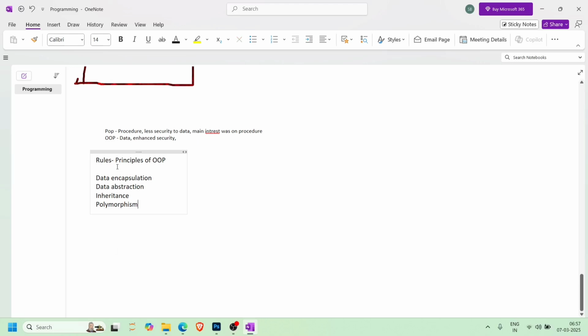See, there are four principles of object-oriented programming in this chapter: data abstraction, encapsulation, inheritance, and polymorphism. Encapsulation is nothing but wrapping up of data and functions into a single unit. What do you mean by wrapping?